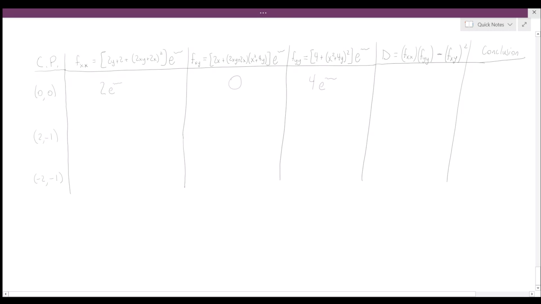So when I do d, normally I put fyy next to fxx, but that was kind of my bad this time. But I'm going to do fxx times fyy. That's going to be 8. And then we're going to have some exponentials, which are not too important. And I'm going to have minus fxy, which is 0 squared.